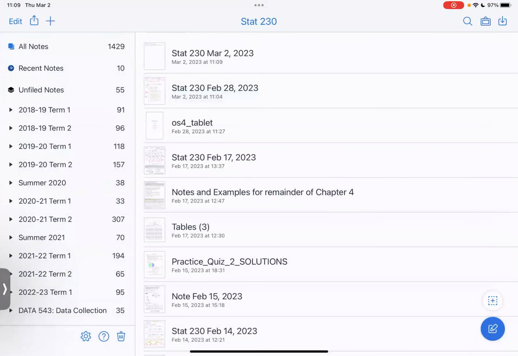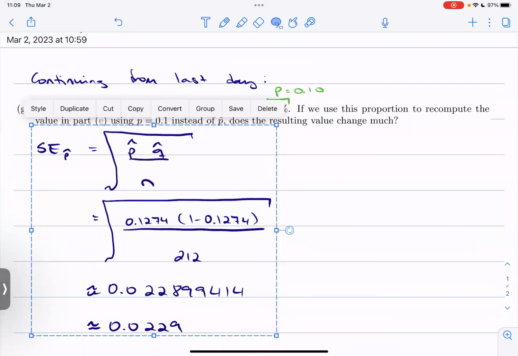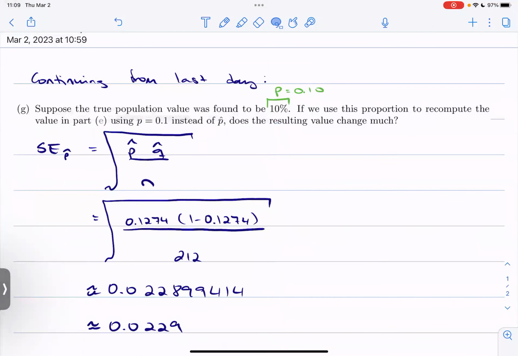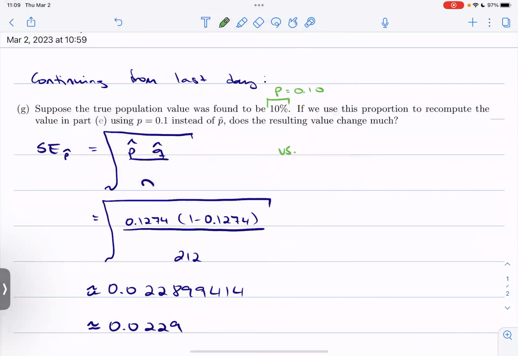Copy. Paste. Okay. And let's see here. Versus the standard error of p hat. Forgot the equal sign. The square root of PQ over n.